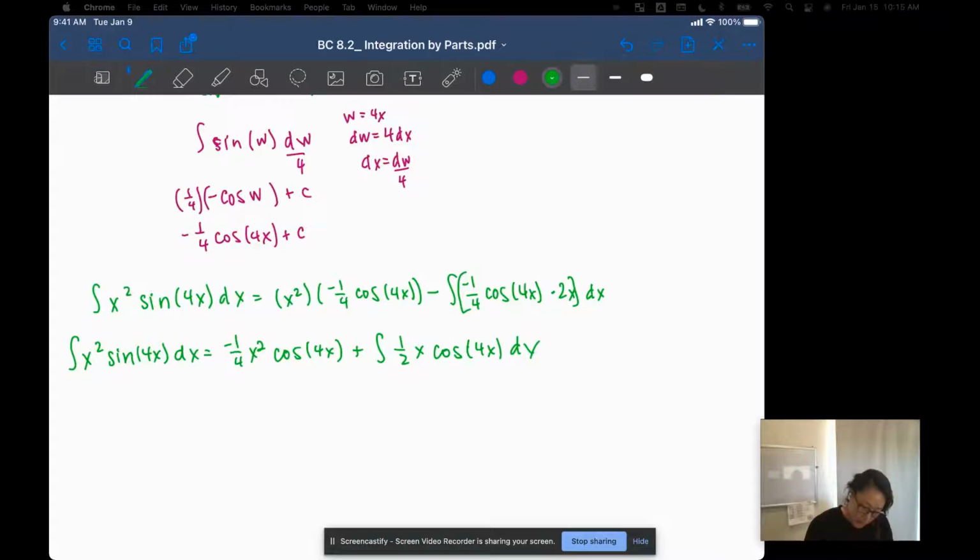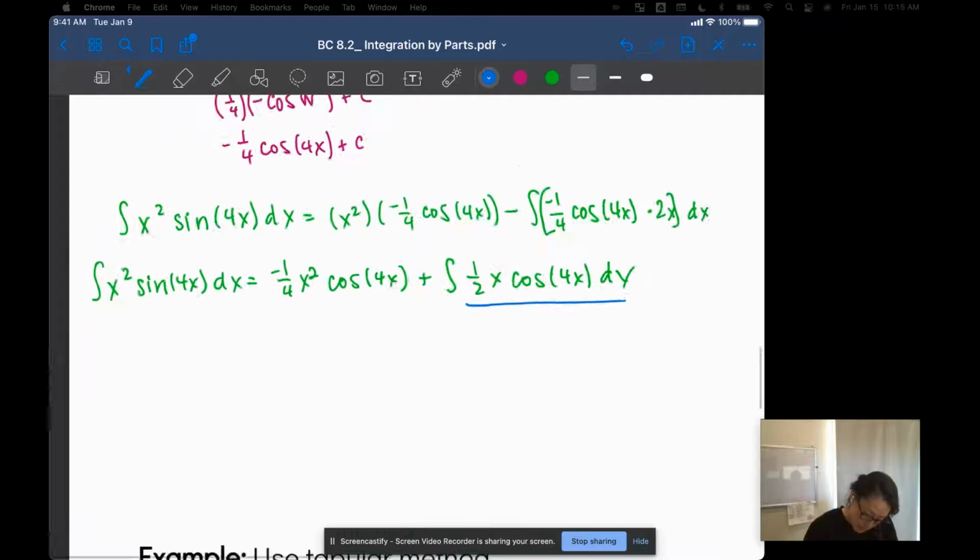All right, it definitely looks like we need to take the integral of 1/2 x cosine 4x, and this looks like a second integration by parts to me because our integral is composed of a product, two pieces multiplied together.